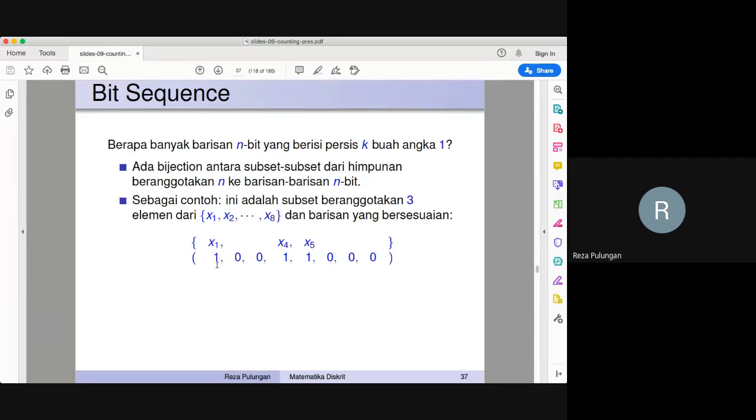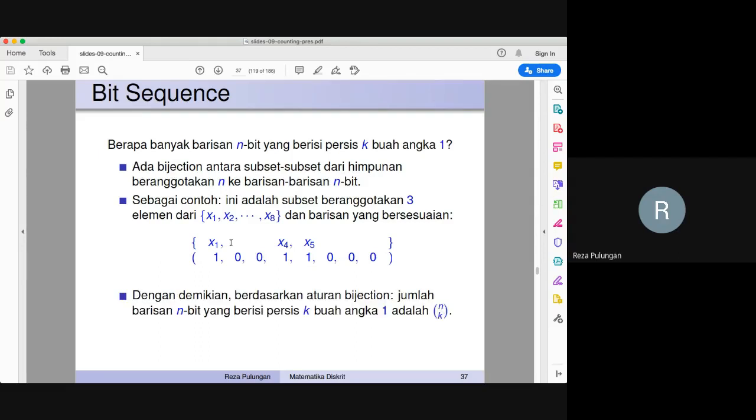How do we create this one? Actually, it is not difficult. Just create a sequence of the elements from x1 until x8, and then you denote it by 1 if it is an element of the subset, and 0 if it is not an element of the subset. So x1 here, you represent it by 1 in the sequence. x2 is not there, represented by 0. x3 is not there, represented by 0, and so forth.